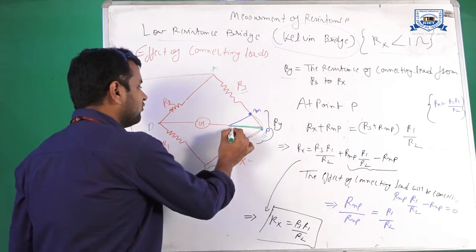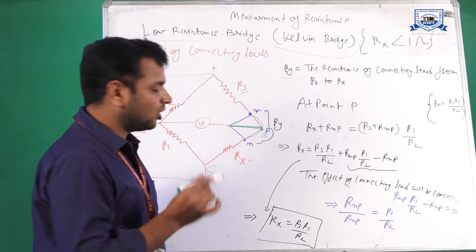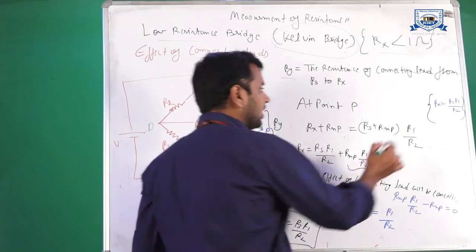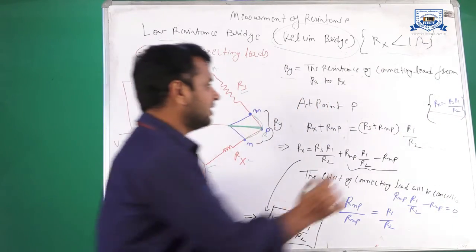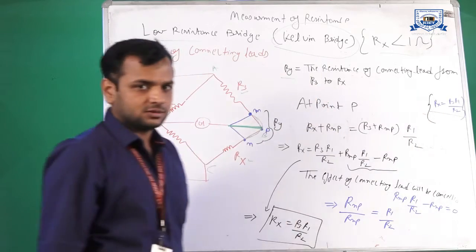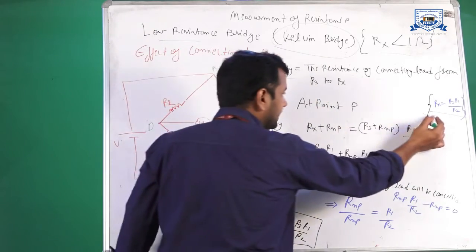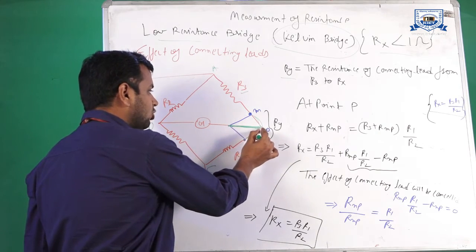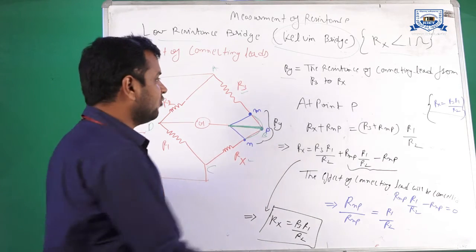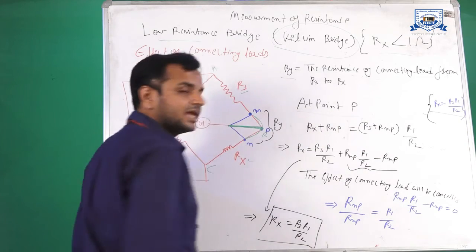So what is our formula? What we derived in the last lecture, the formula is Rx is equal to R3 R1 by R2, as we derived from the Wheatstone bridge. Now if we implement this formula when the galvanometer is connected on point P, what will be the equation?